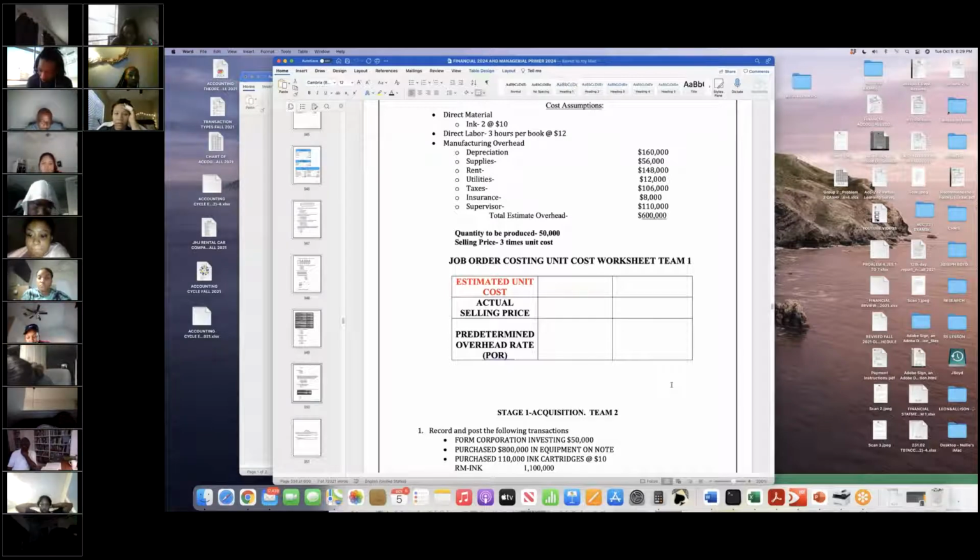So everybody is helping team 1 come up with unit cost, selling price, and POR.